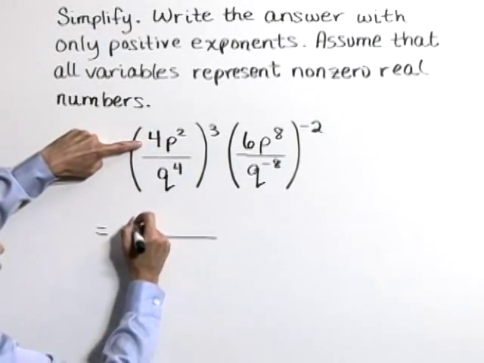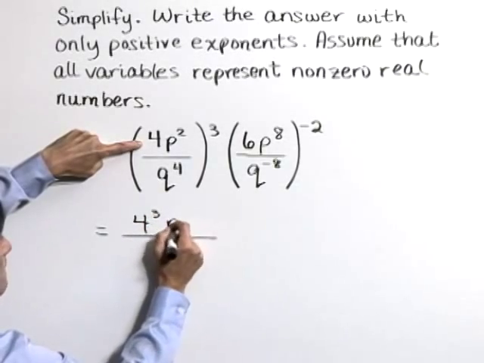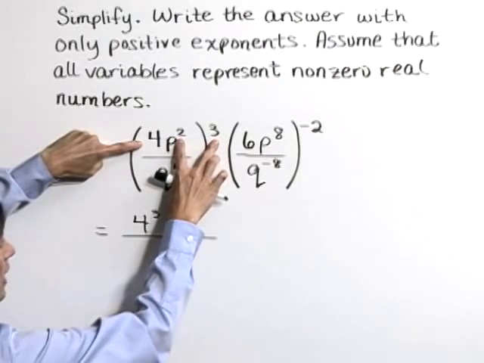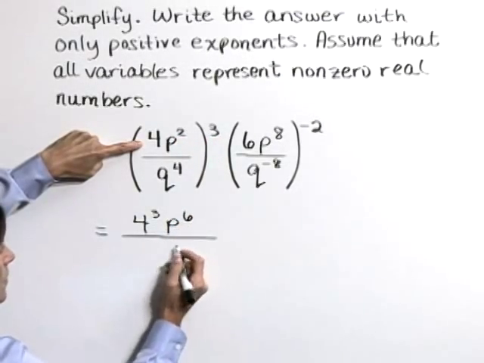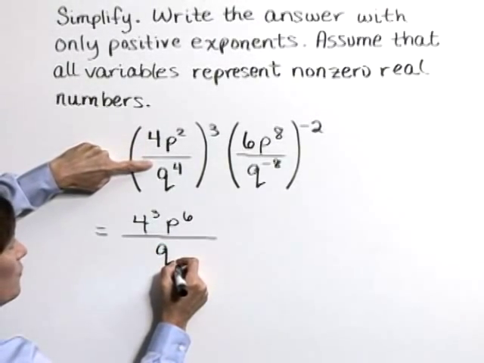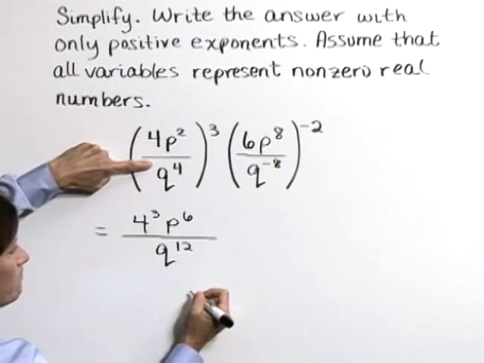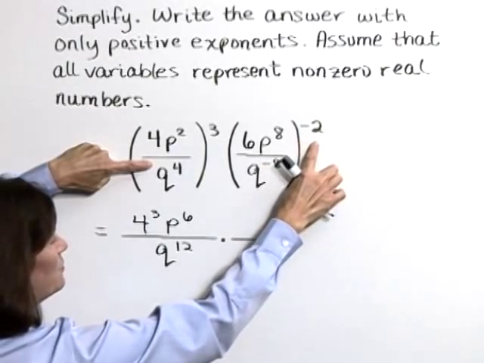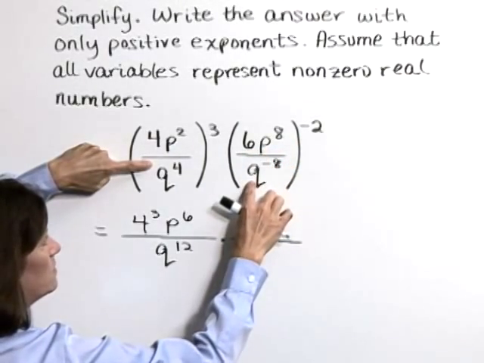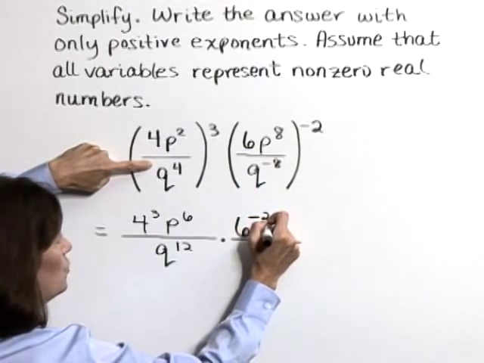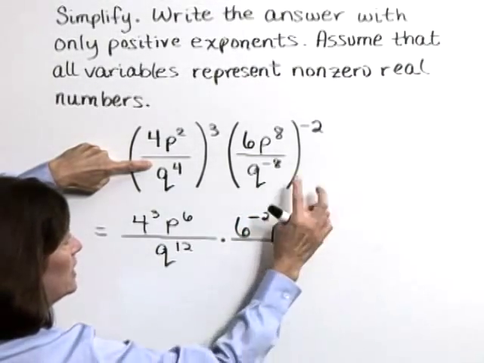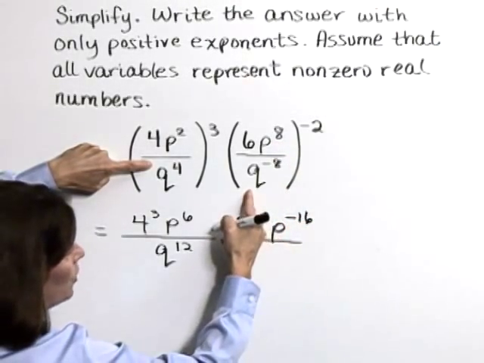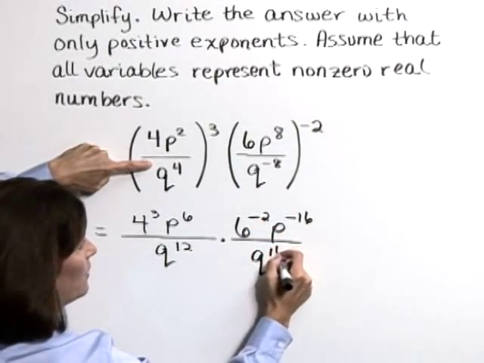With this first grouping, we're going to have 4 to the third times p to the second raised to the third, power to a power multiply, so that's a p to the sixth, over q to the 4 times 3 or 12th, times, with our second major factor here, applying that negative 2 to each piece inside, we have a 6 to the negative 2 times p to the multiplying negative 16th over q to the positive 16th.